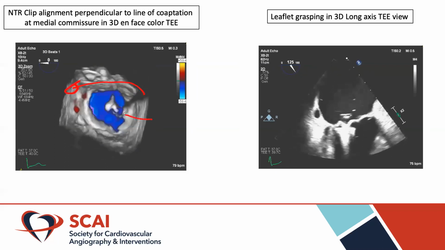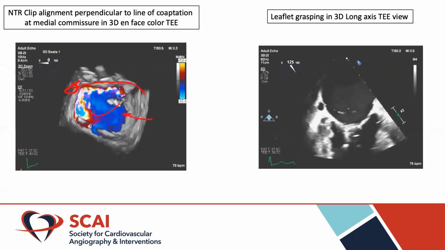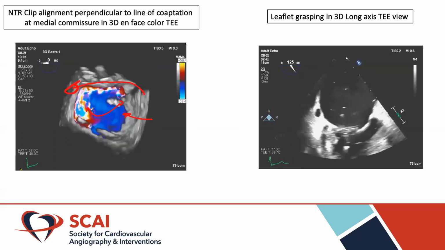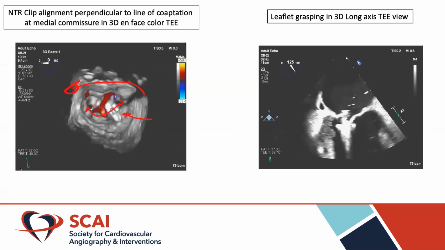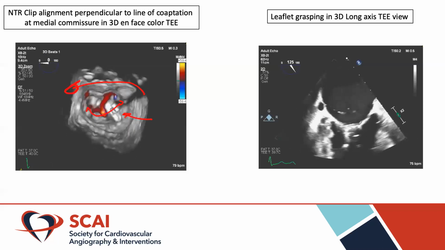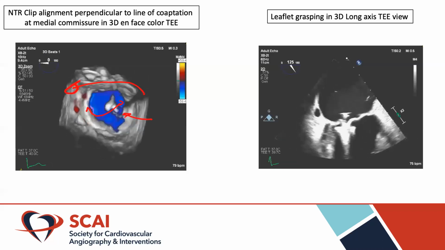So this is the MitraClip, and the commissure is looking in that direction. In the movie on the right, we see the grippers being lowered onto the anterior and the posterior leaflets.